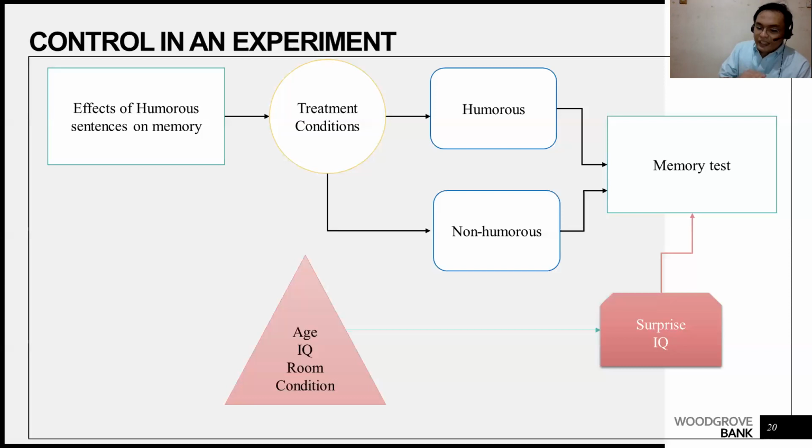Therefore, he eliminated the level of surprise by providing a warning that the sentences involved in his experiment are all funny. That's how Schmidt controlled the experiment and manipulated the variables in order to attain a true experiment.